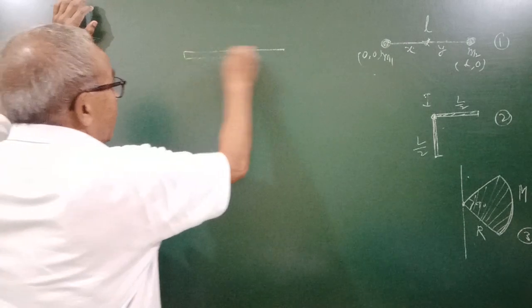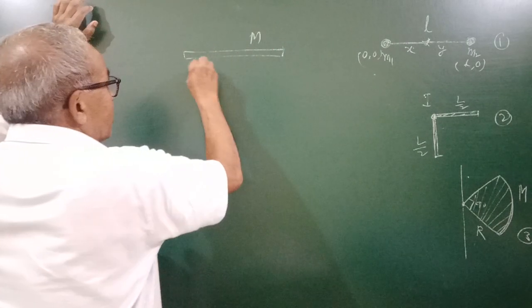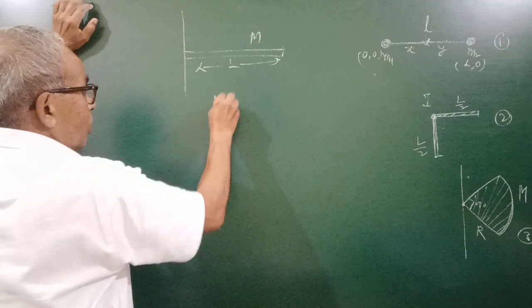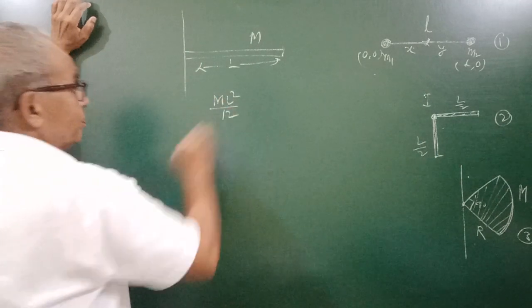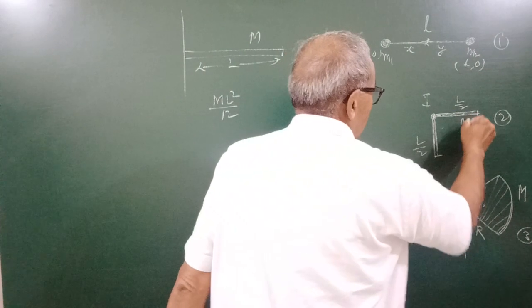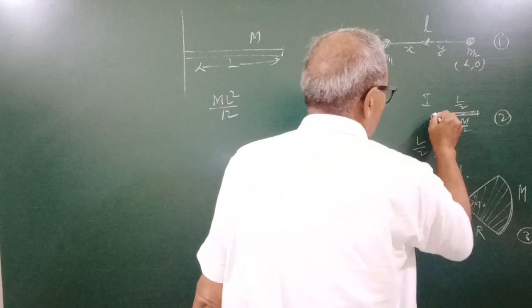If this is a thin rod with mass m and length l, the moment of inertia about this axis was ml square by 12 through one end. So the mass becomes m by 2, length becomes l by 2.